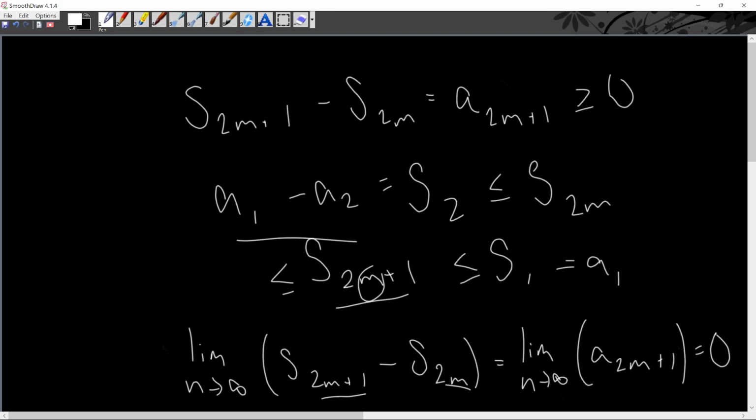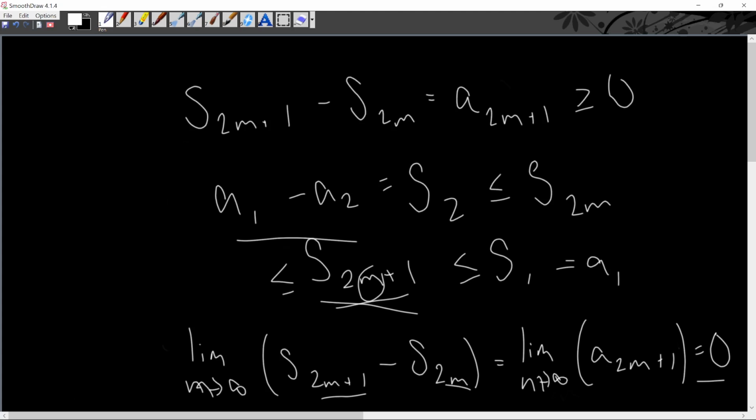So if you have m approaching infinity, we said that this is approaching 0, right? Or, well, you said this sequence converges, but this has to equal 0.